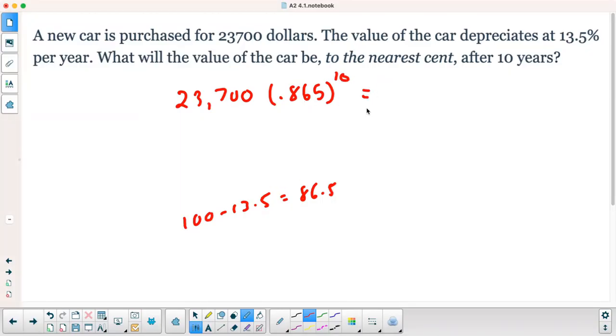So 23,700 times 0.865 to the 10th. That gives me $5,557.88. Okay, cars depreciate. A lot of people are kind of blown away when they see how much their car goes down in value, but that's because it's doing this type of shape, and in the initial part it goes down really quick.